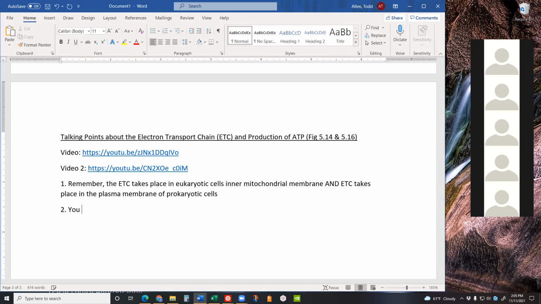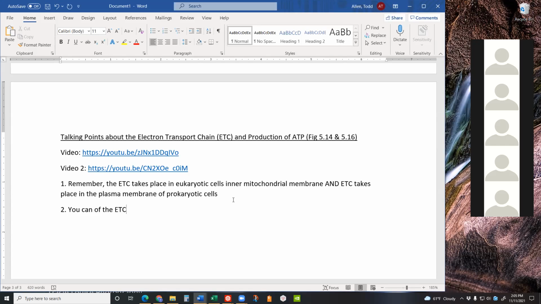You can think of the ETC in either a prokaryotic or eukaryotic cell as a staircase where electrons start at the top step and they progressively migrate to each lower step in the staircase. Each lower step of the staircase is going to be all those molecules that are lightly shaded purple in figure 5.14.